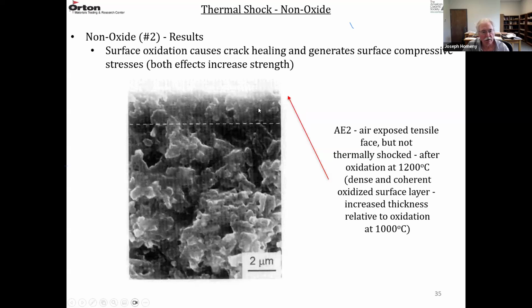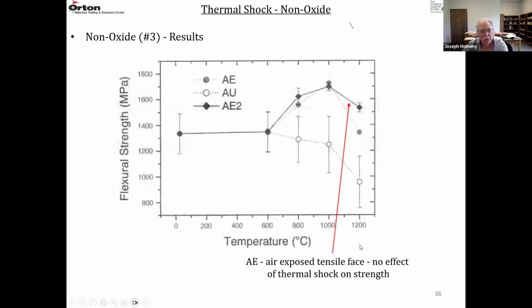It increased in thickness relative to the sample that was held at 1,000 degrees C. So for this sample, AE, air exposed, there was no effect of thermal shock on the strength.